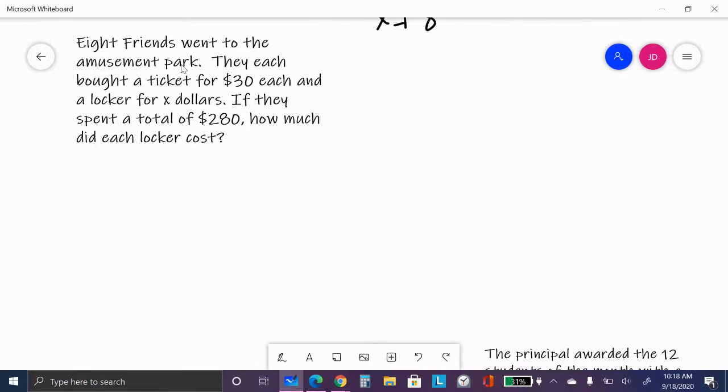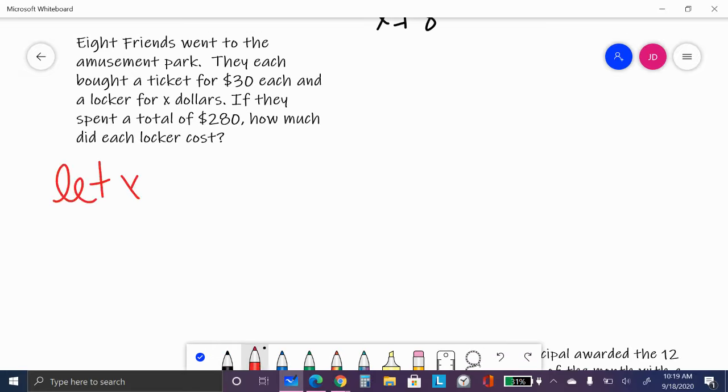8 friends went to the amusement park. They each bought a ticket for $30 and a locker for X dollars. If they have a total spend of $280, how much should each locker cost? So we're trying to find the locker price, so X is going to be the locker price.